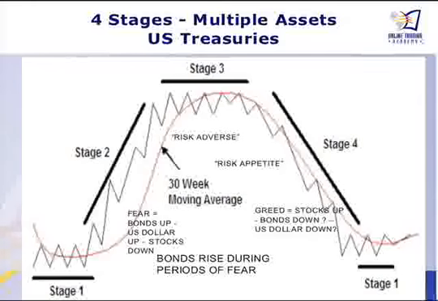Obviously, if everybody is fearful, money is going to come out of high-risk assets such as commodities and stocks, and they're going to go into low-risk assets such as bonds and the dollar. If foreign countries happen to buy U.S. bonds, of course, they're going to have to convert their currencies into dollars. So very, very important slide, because these cycles can actually appear in the different asset classes in the reverse of what you're going to see in other asset classes.